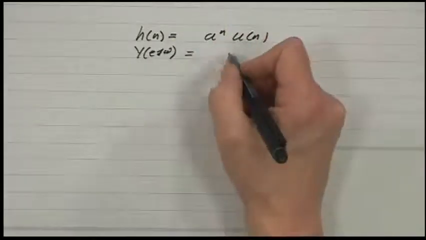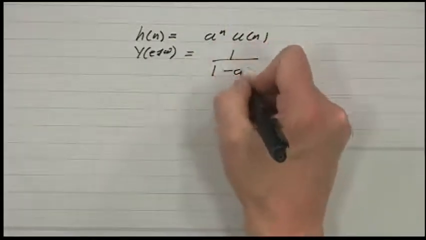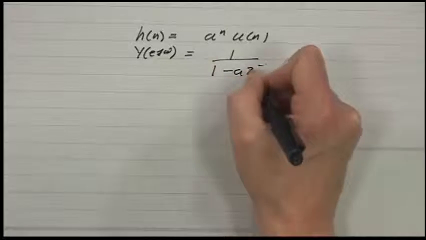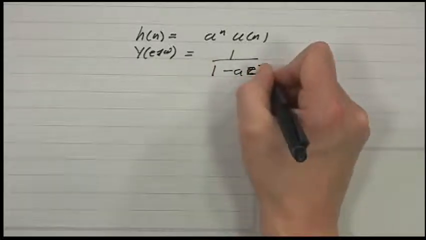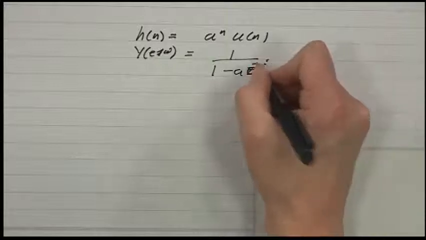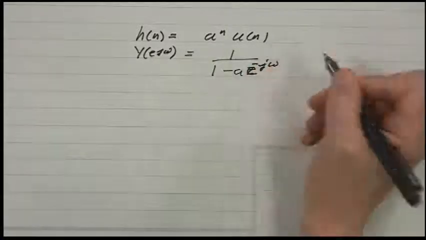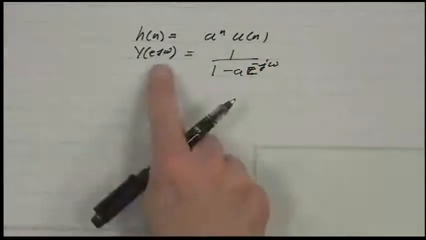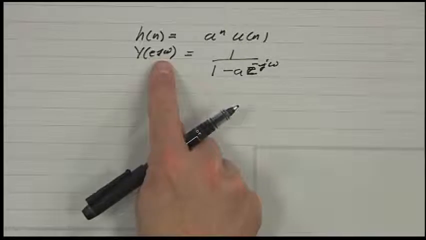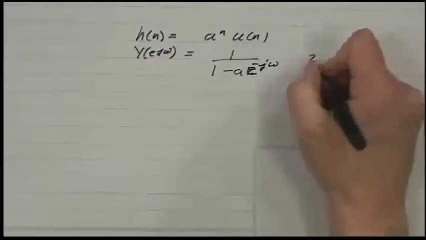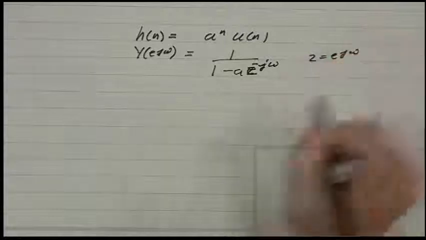So y of e to the j omega is equal to 1 over 1 minus a times z inverse, a times e to the minus j omega, right? So I evaluated this Z transform at z equals e to the j omega, right?